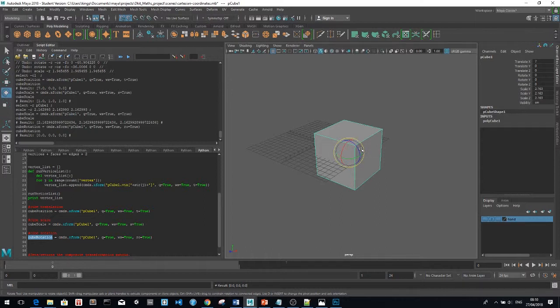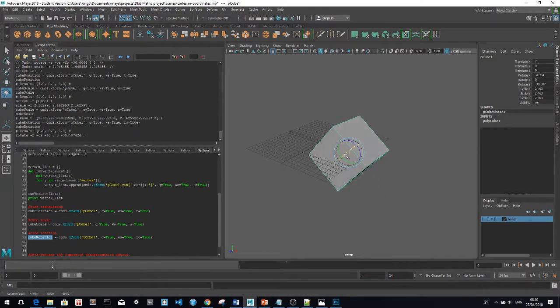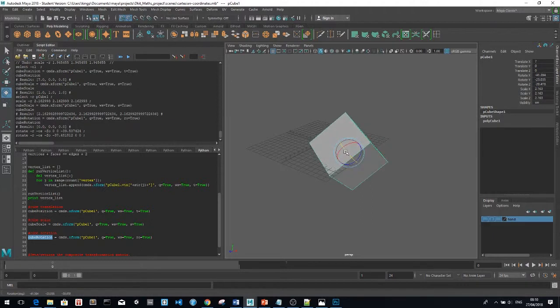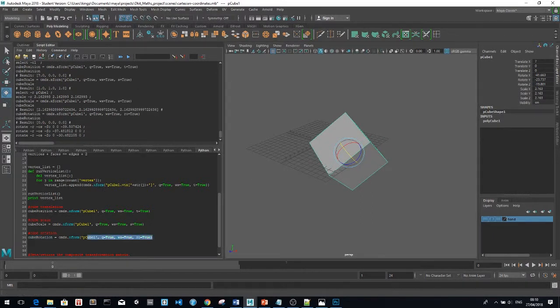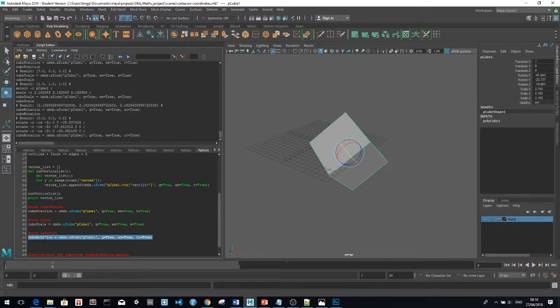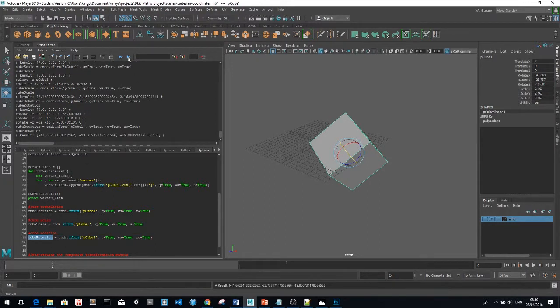Do some rotation in Z, X, Y. You see we get back values in degrees of -41 on the x, -23 on the y, and -19 on the z.